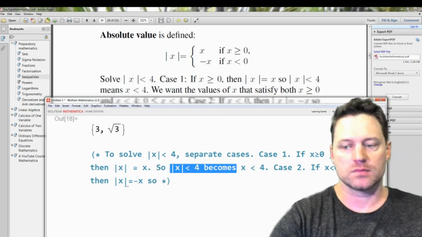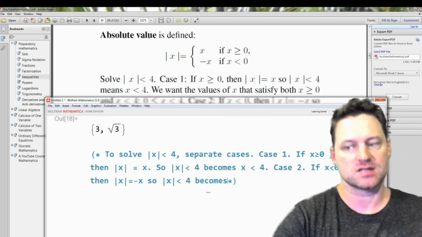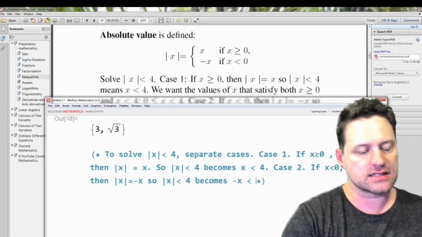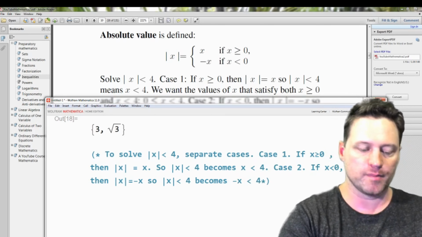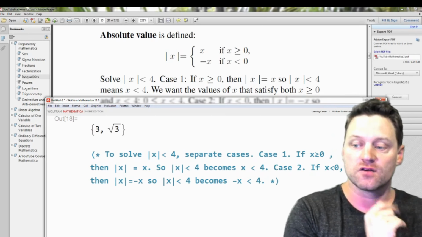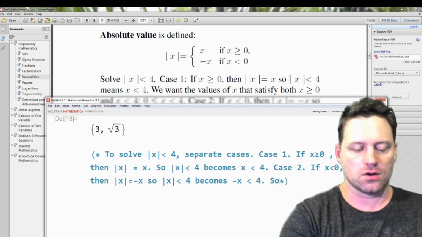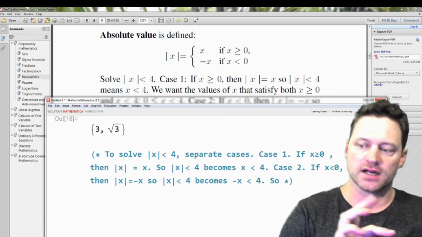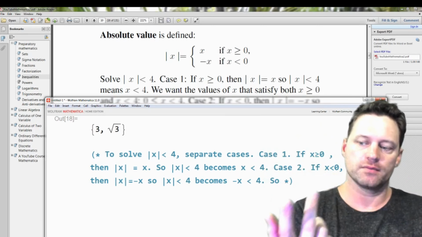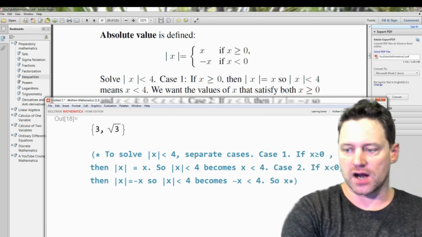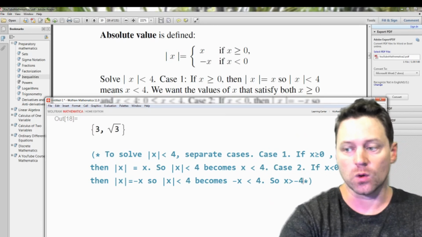In this case, this becomes minus x is less than 4. But remind yourself that we need to solve this inequality for x. So multiplying throughout by minus 1, we have to turn the sign of the inequality around, swap the order. Okay, so x is greater than minus 4.